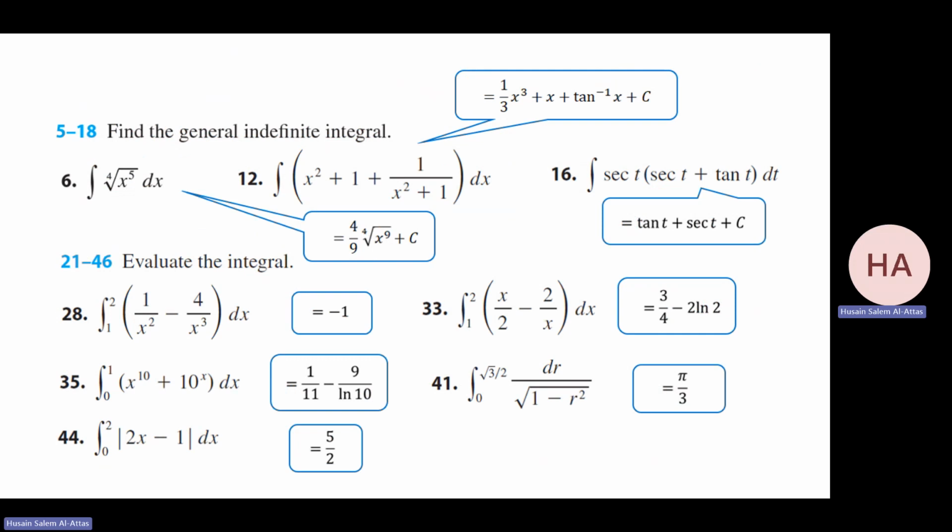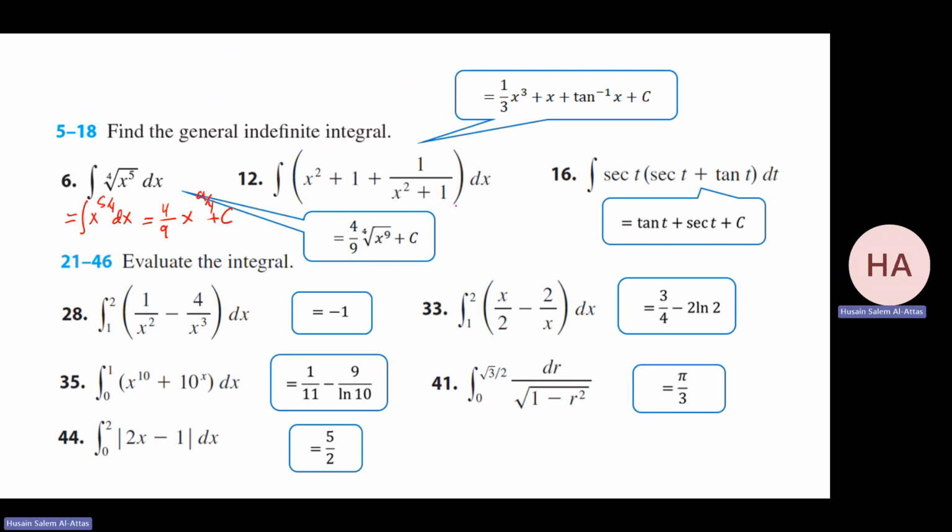Now find the general antiderivative quickly. I will do this. That is what? The integral of x to the 5 over 4 dx. Add 1, so it will be 9 over 4, so that will be 4 over 9 x to the power 9 over 4 plus c. Just remember the formulas.